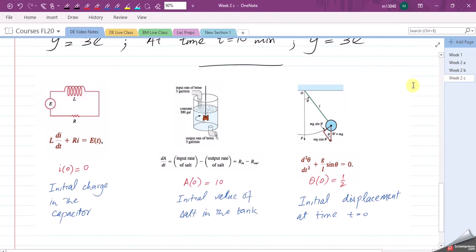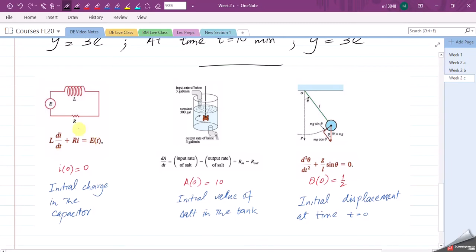In the first example, we have an electric circuit and we want to study current passing through the circuit. I represents the current, and that current is studied using this differential equation, which is a first order differential equation.